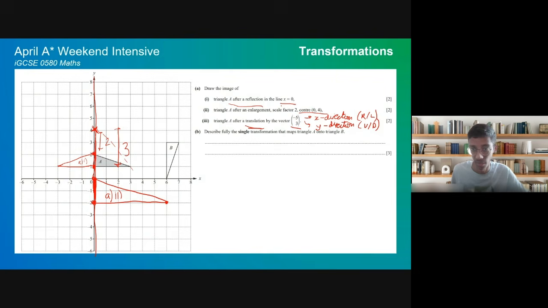So we're moving 5 units left. So each point gets translated 5 units to the left. So if we start with this top right, again, for these questions, we just take it one point at a time. So take this point, we move it 5 units to the left, it moves over here. So that's the initial movement in the x direction, but then we also need to consider it's also moving 3 units in the y direction. And would it be moving up or down?